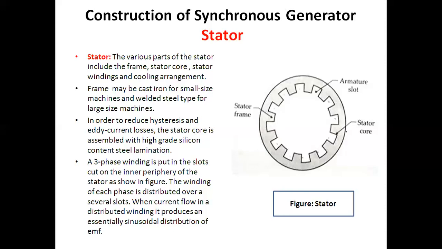A three-phase winding is put in the slots on the inner periphery of the stator, as shown in the figure. The winding of each phase is distributed over several slots. When current flows in a distributed winding, it produces an essentially sinusoidal distribution of EMF.